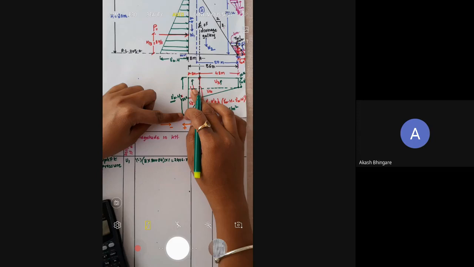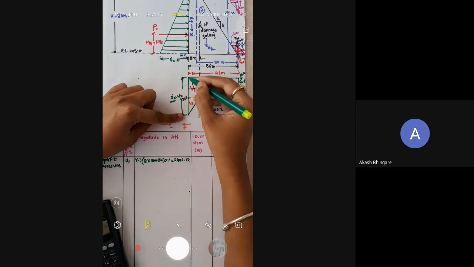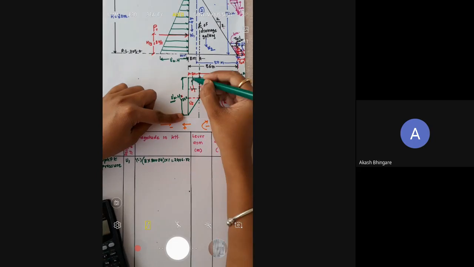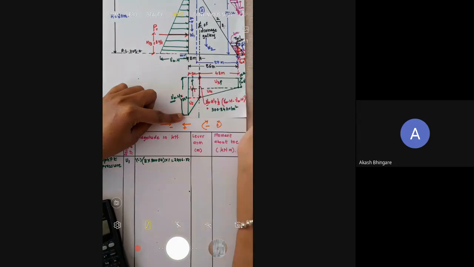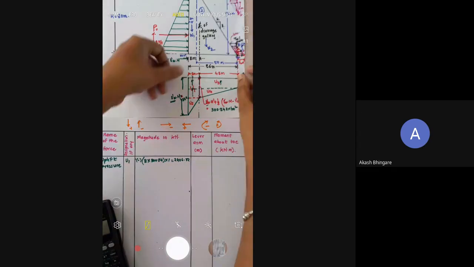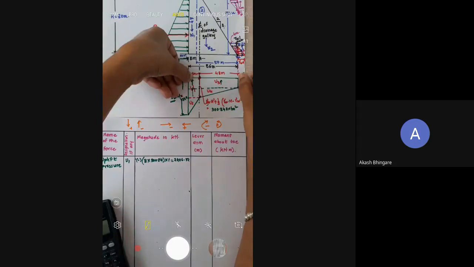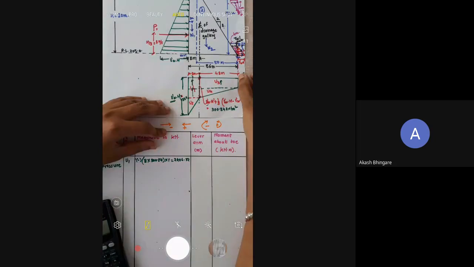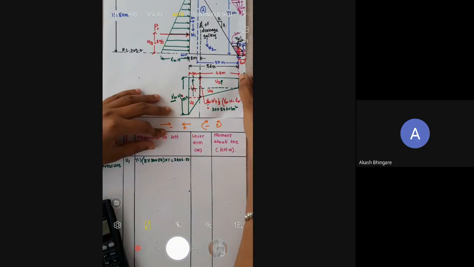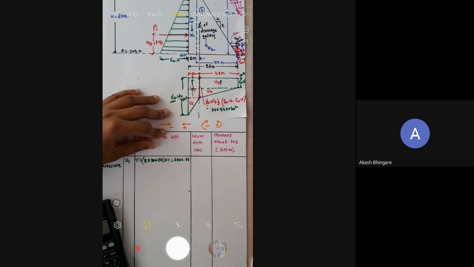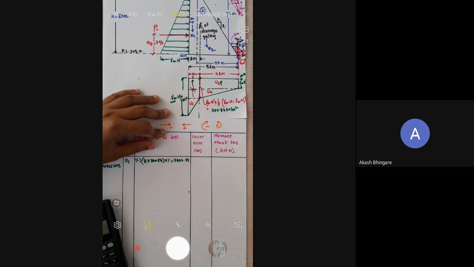Now what is the lever arm distance for this U1? It will be a rectangular portion having width 8 meter, so this force will act at the center, that is 4 meter from this side. We are interested in taking moment about the toe. So let me know the lever arm distance, from the CG up to the toe. Either you can do 56 minus 4 or 4 plus 48.